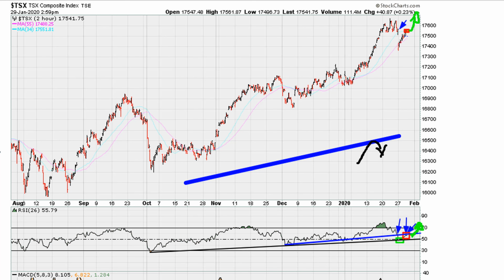So as long as that's the case, then you can conclude that it's time to take the other position, which is either get out of your longs in the short term or expect a move lower for a swing trade lower, with the understanding that if the RSI moves above this line, then that movement by itself is an entry to the upside for a swing trade higher. And of course, this blue line I'm drawing here is actually this line here.